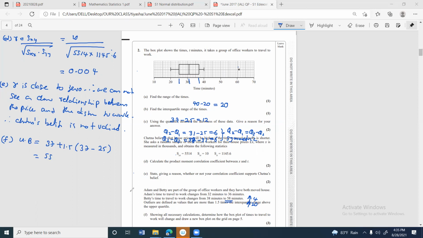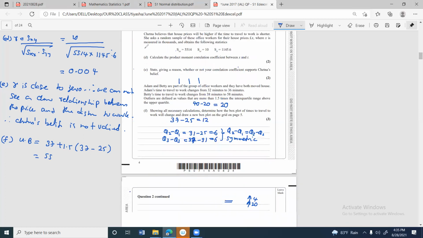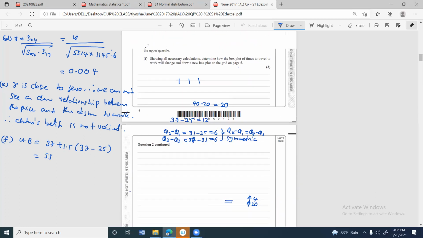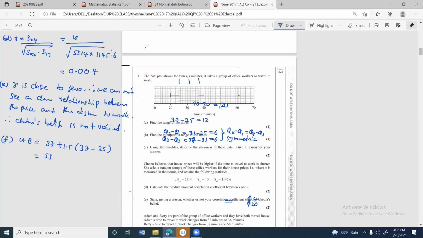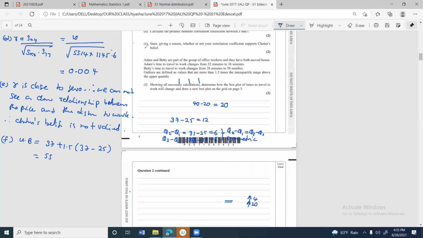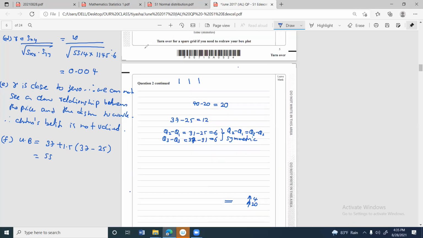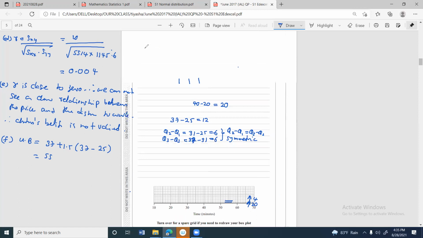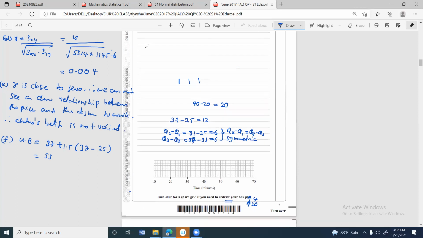So how to draw this is, we can just do it like this. I'll go to another diagram. Here the lower boundary is 20 and the upper is 40. You can mark this information here. The boundaries are 20 and 40, and I will just mark them.